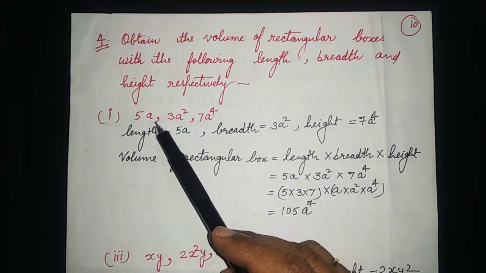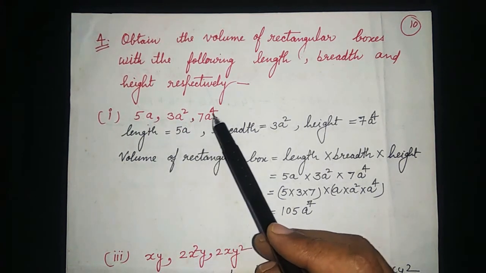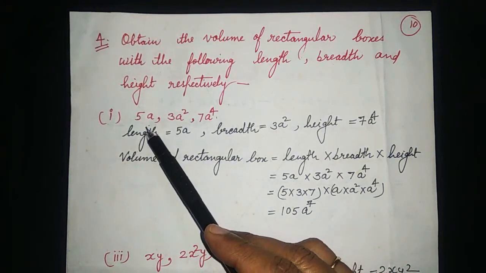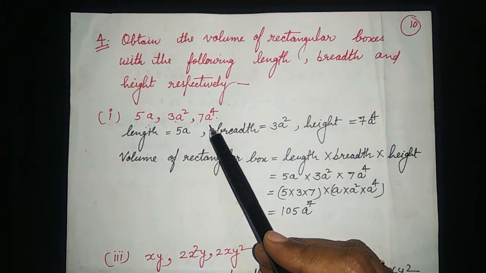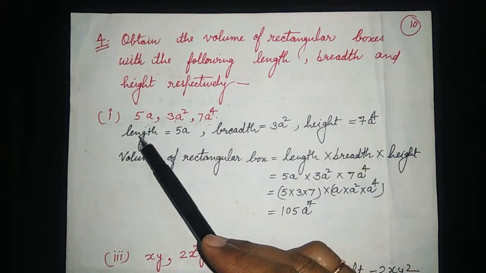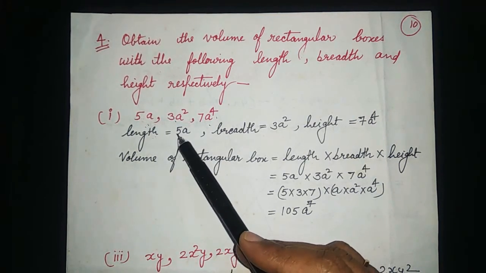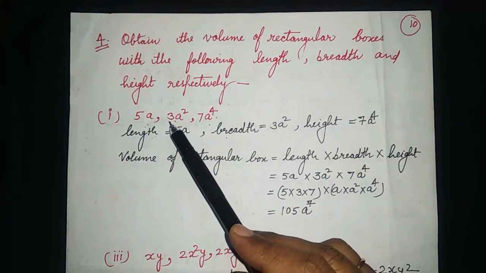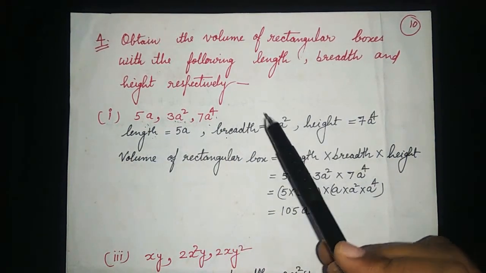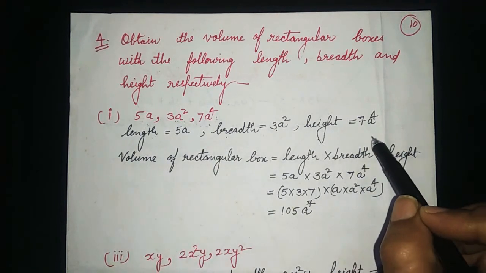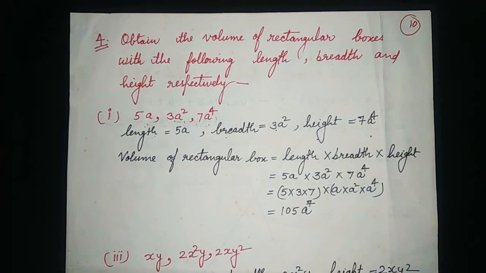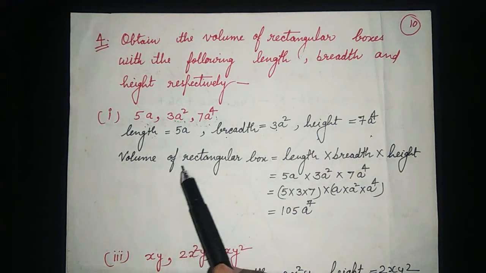The first part you have got three monomials 5a, 3a square and 7a to the power 4. Here length we will take 5a, breadth we will take 3a square and height we will take as 7a to the power 4.